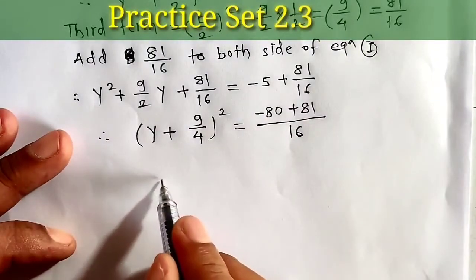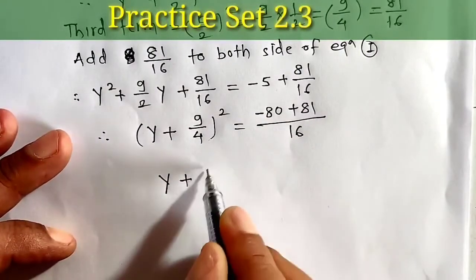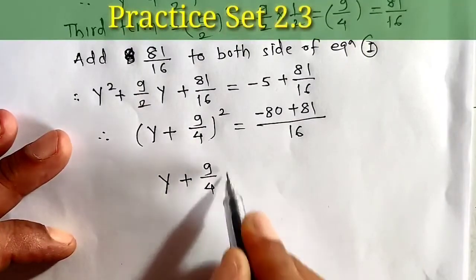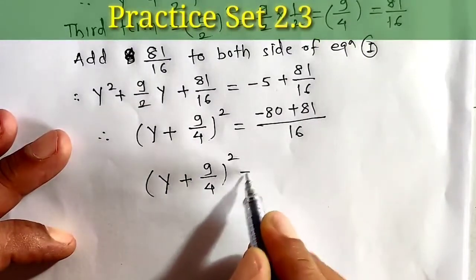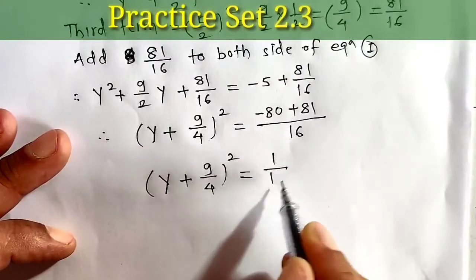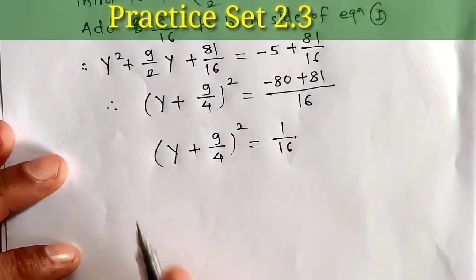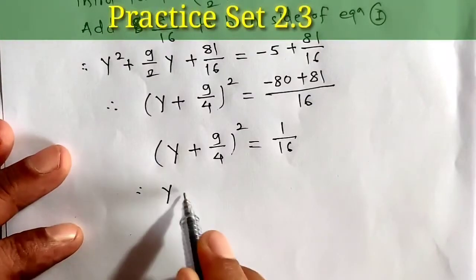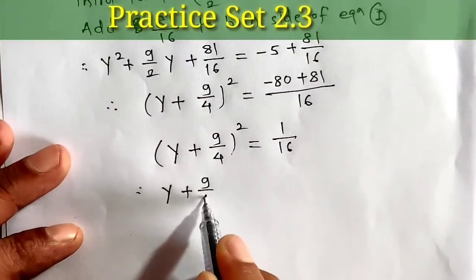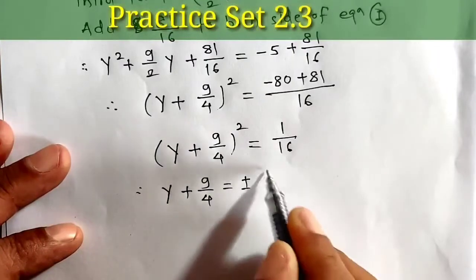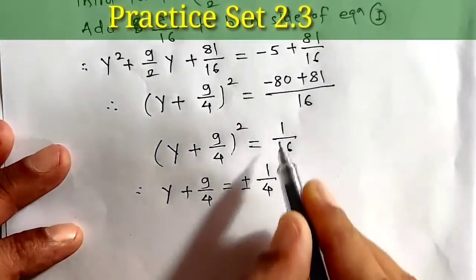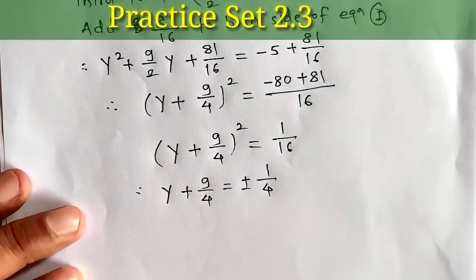So here we get y plus 9 by 4 bracket square is equal to 1 upon 16. Find the square roots of both the sides. So we get y plus 9 by 4 is equal to plus minus 1 upon 4. Square root of 1 is 1, and square root of 16 is 4.